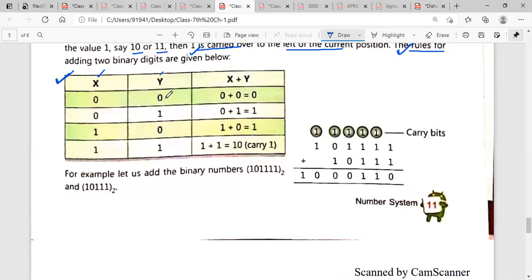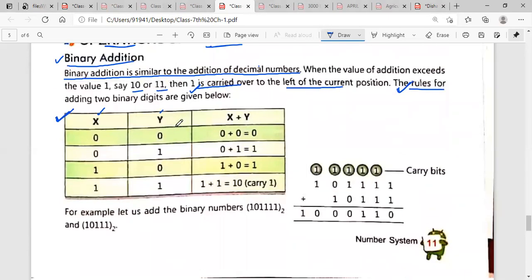In binary addition, 0 plus 0 is 0, 0 plus 1 is 1, and 1 plus 0 is 1 again. In the last rule, be very careful. 1 plus 1 is 10. We will write 0 and we will take 1 as carry.